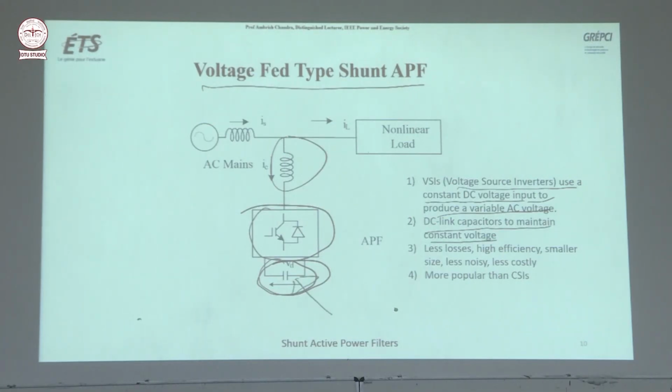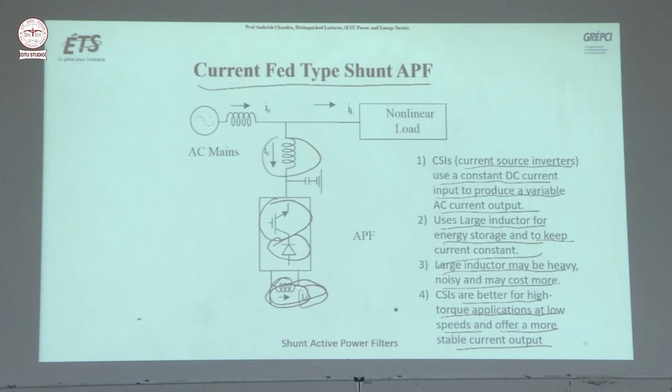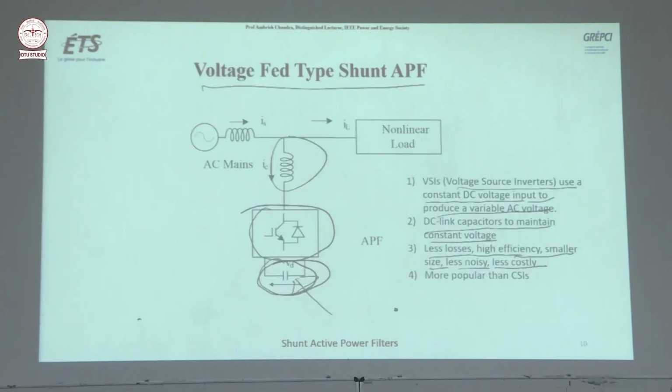Less losses, high efficiency, smaller size, less noisy, less costly in comparison to the current fed type. But current fed types are used for large systems, low speed, high torque type. Voltage fed types are more popular than current fed types in number of applications. So basically it depends on what application you are using, right?